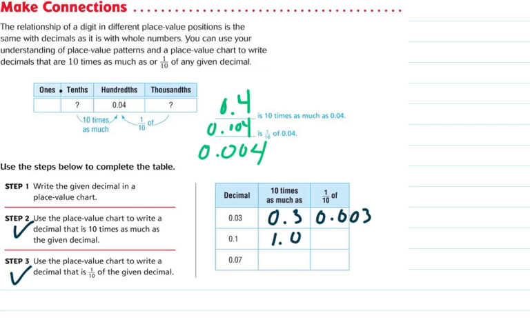Now, if I go back, boys and girls, to the original decimal, 1/10, if I'm talking about a number that is 1/10 less of it, we would have the number 100th. And if you compare this, boys and girls, a penny is smaller than a dime, but a dime is smaller than a dollar.